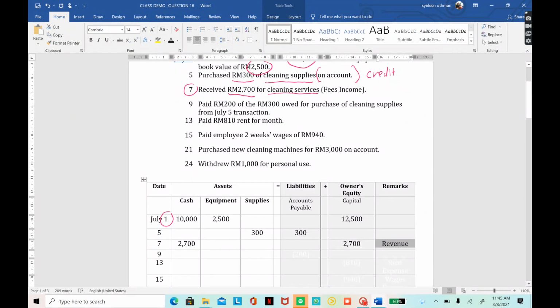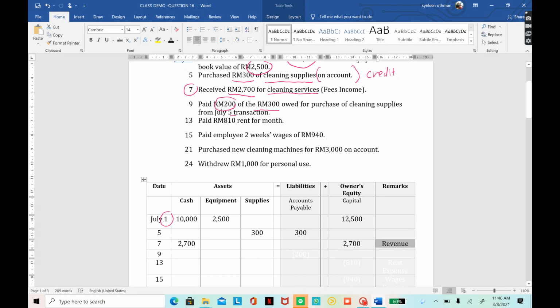On the 9th of July, he paid 200 ringgit out of the 300 ringgit worth of cleaning supplies, which he bought on the 5th of July on credit terms. So at this point, he is paying part of the amount for the supplies that he bought earlier.